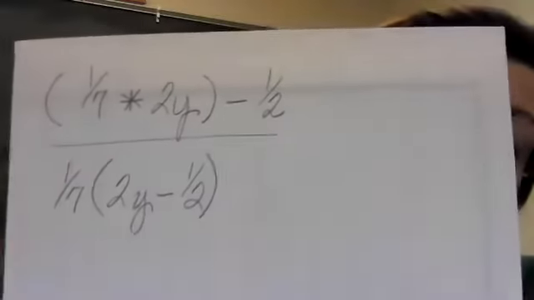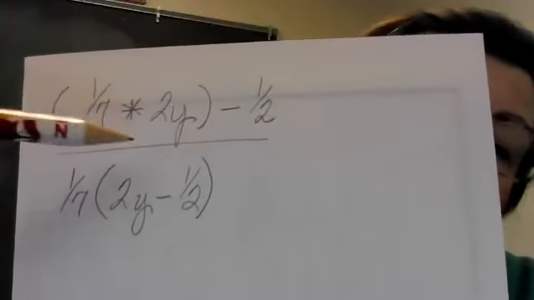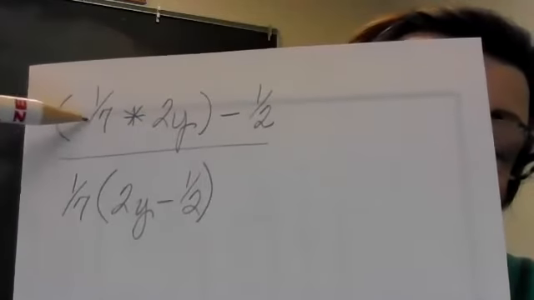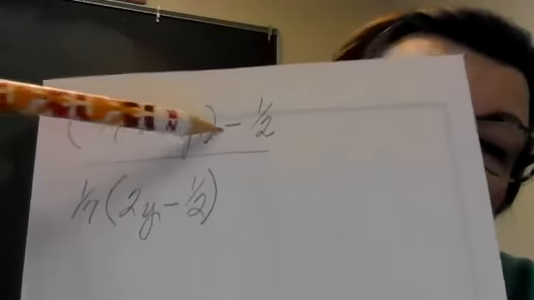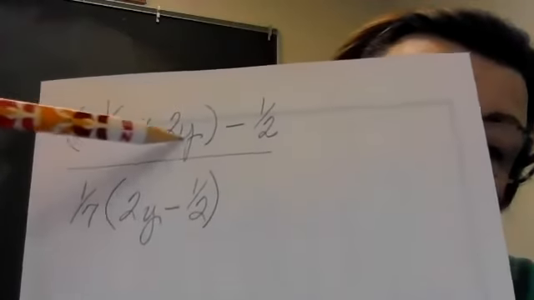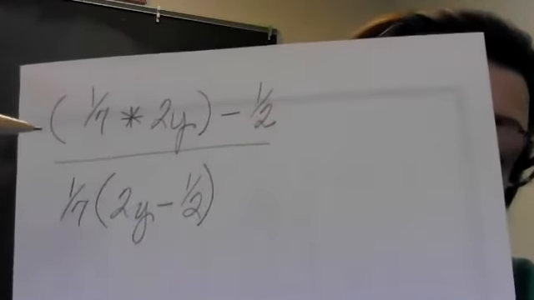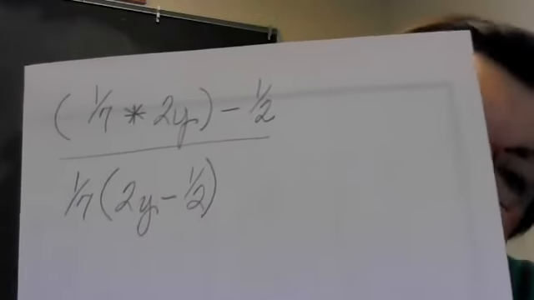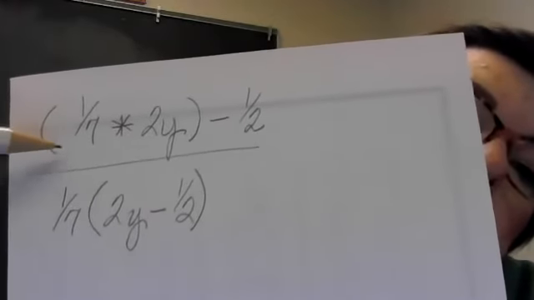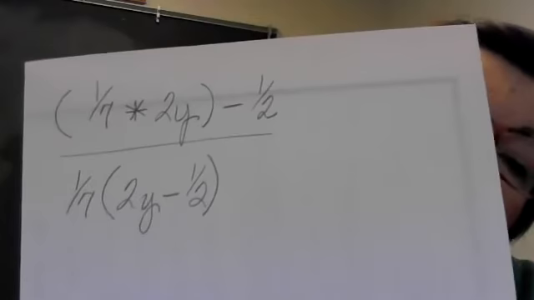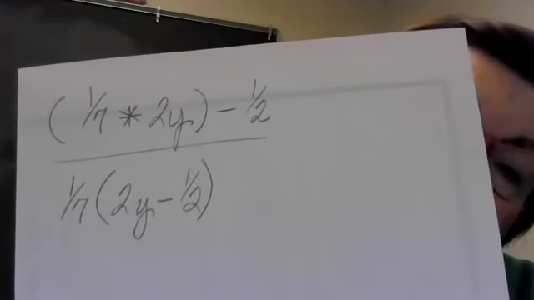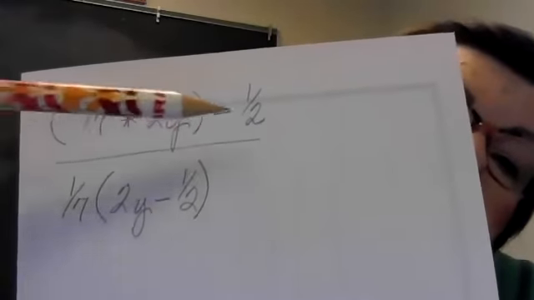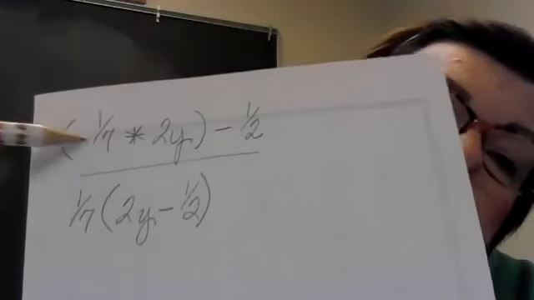Now, what you said, did you say that you put the 2y times the 1/7 in parentheses? I put the 1/7 and the 2y inside the parentheses because it says product, and I know you're supposed to put the parentheses. But then when I looked at the answer, it's got the 1/7 on the outside of the parentheses in the front. And I'm like, well, that's not right. So did you write it like me here?